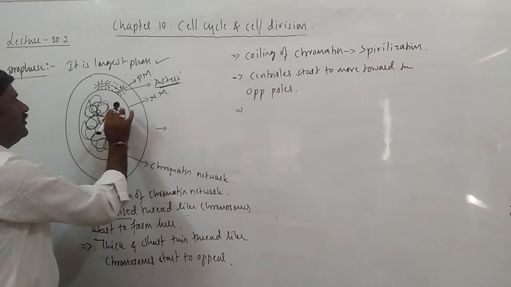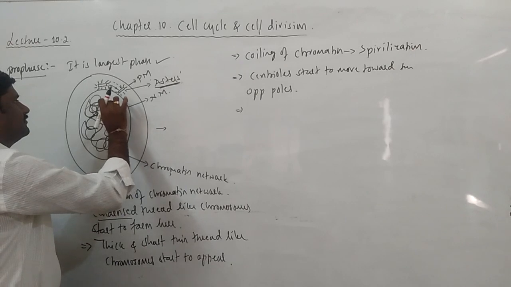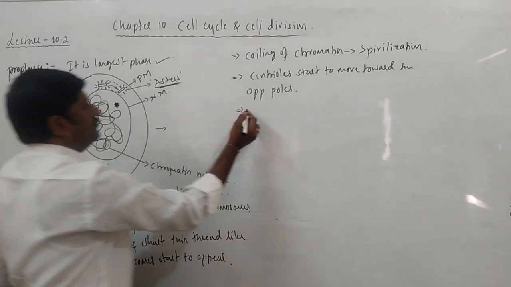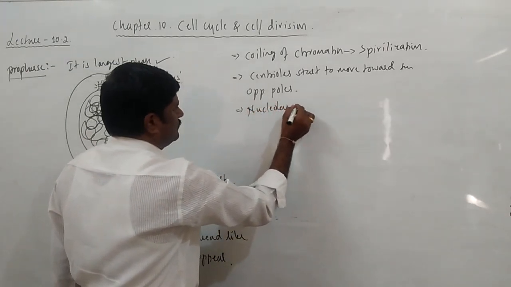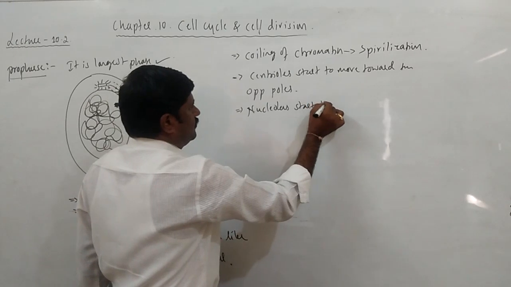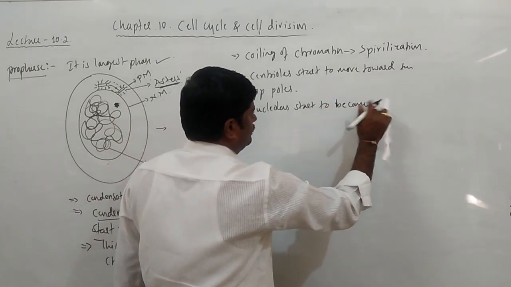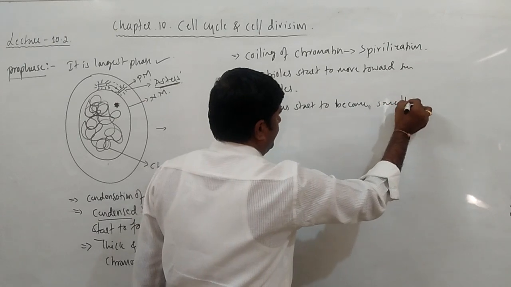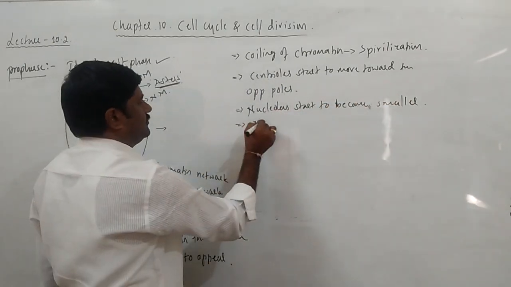And this nucleolus gradually starts to become smaller. And gradually, what happens?